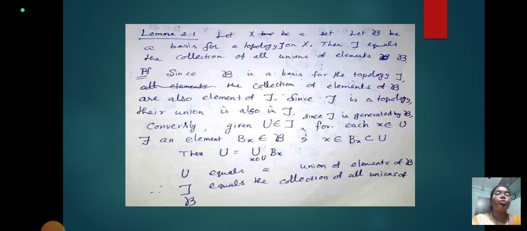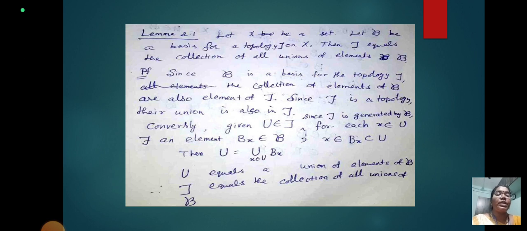Next, lemma 2.1. Let capital X be a set. Let script B be a basis for a topology tau on X. Then tau equals the collection of all unions of elements of script B. Since script B is a basis for the topology tau, the elements of script B are also elements of tau.